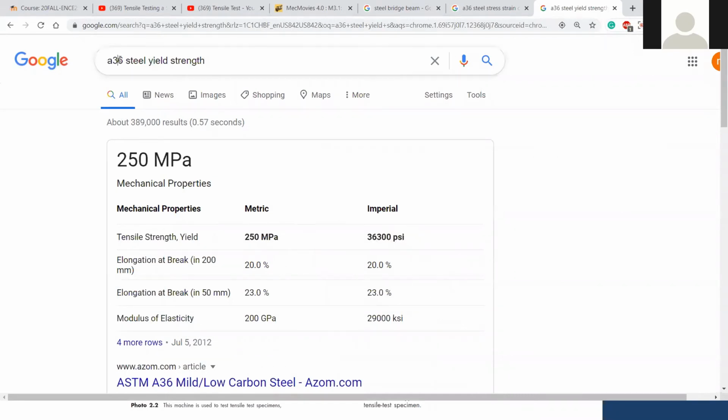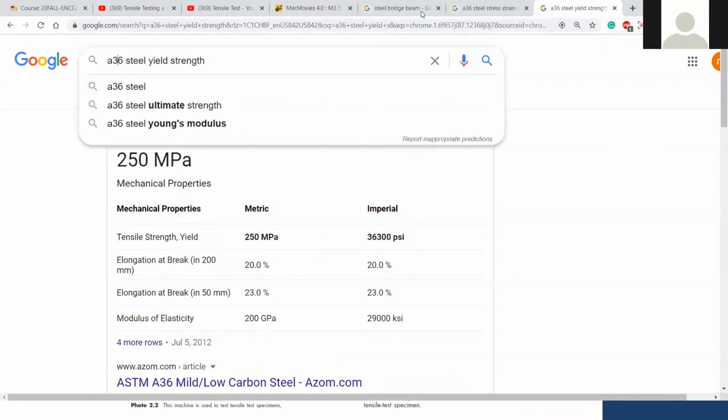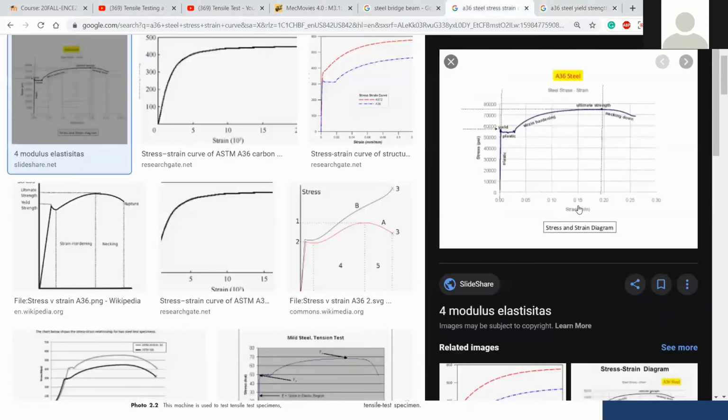There are different types of steel. So if I know the deformation that I observe on the construction site or on a bridge during inspection, I can come back to this graph. If the member is made of A36 steel, I can measure how much load is applied during the service condition, and I can tell if it's beyond the elastic region or in the plastic region.